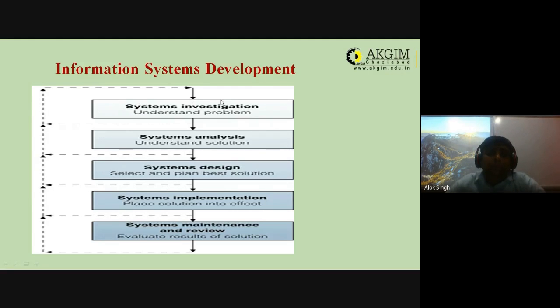Means you need to check all these steps on a continuous basis, and if you find any change in any of the phases, then you will immediately implement it. So that is all about information system development. If you have any query or doubt regarding this, you may ask. Thank you.